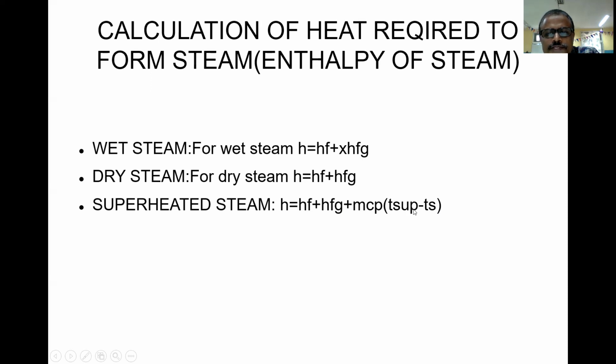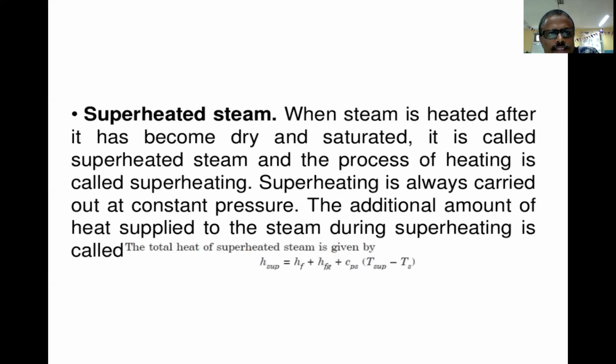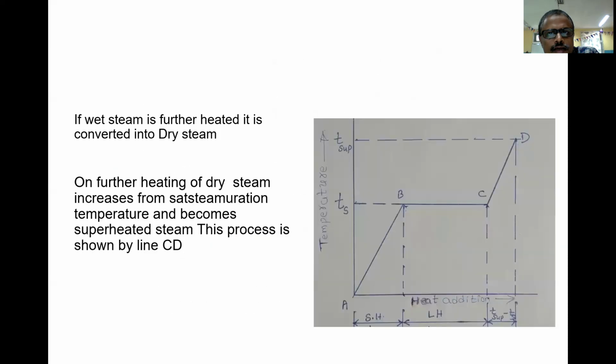There is a change in temperature: superheated steam temperature minus saturation temperature. Here you can see that in my graph, this is the superheated steam temperature and this is the saturation temperature. This difference is T super minus Ts. This is the difference in temperature for superheated steam.